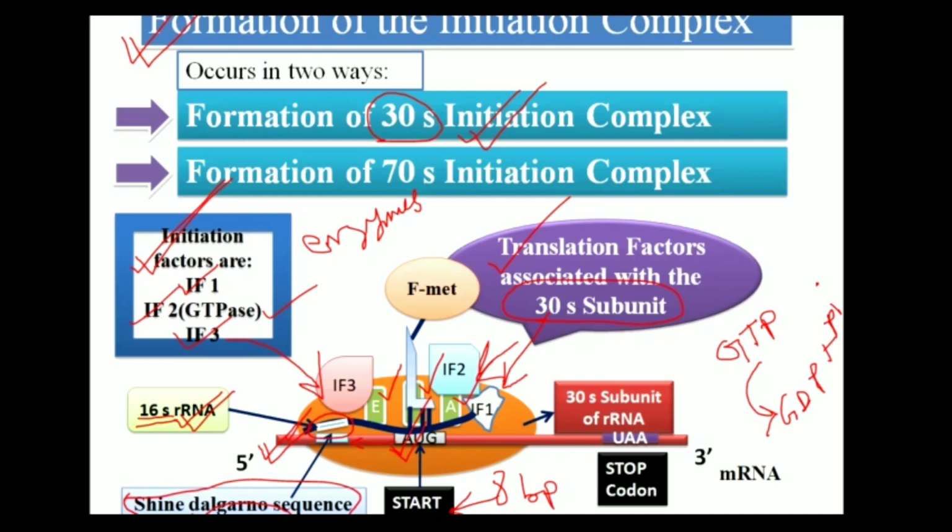Complementary to these sequences, in the 16S rRNA of the ribosome, U will be complementary with A, C with G, then G, then U with A, and C again with G. That means in the 16S rRNA you will find a sequence like A, G, G, A, G.